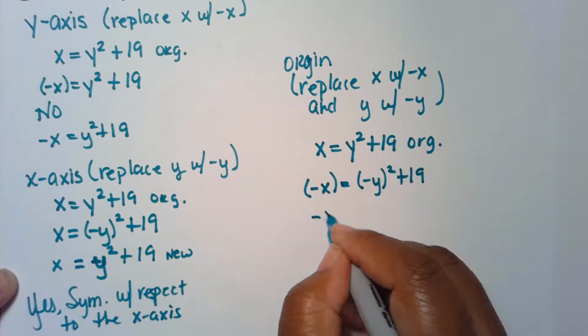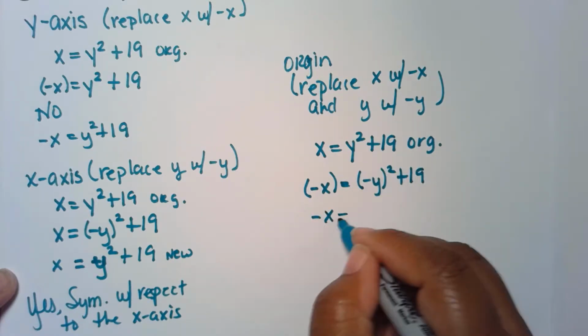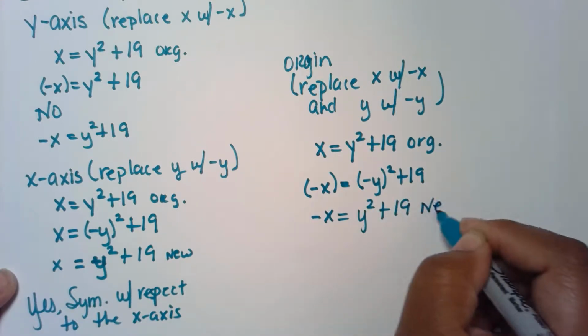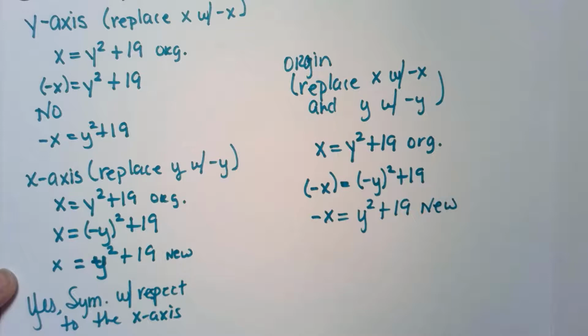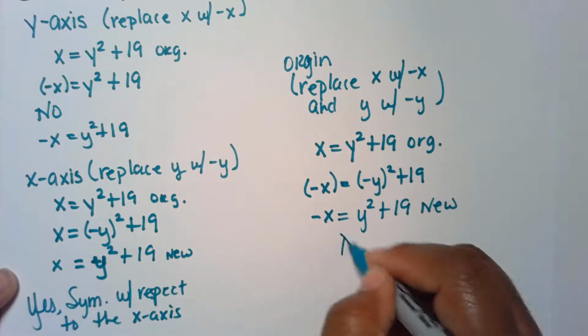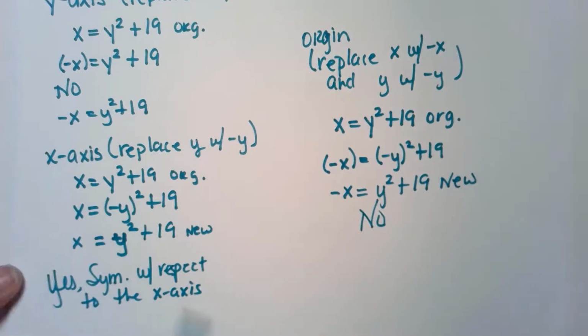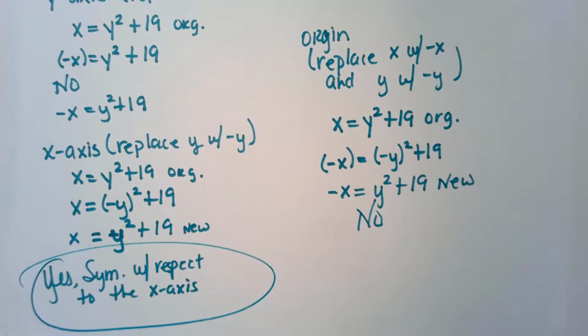Then we have negative x equals y squared plus 19. So this is our new equation. Does it look exactly the same as the original? No. So it's not symmetric with respect to the origin. So our answer is that this is symmetric with respect to the x-axis.